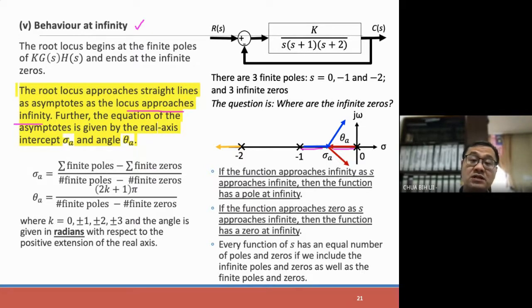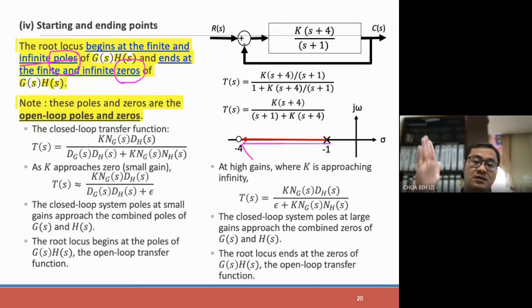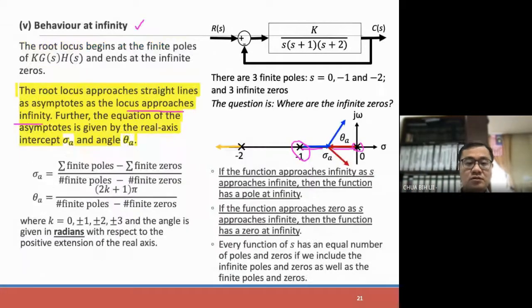So here what you can see is that we have three poles. Any zeros over here? We don't see any zeros, right? But based on the previous concept, we say it starts from poles and goes to zeros. So no zero is visible here.